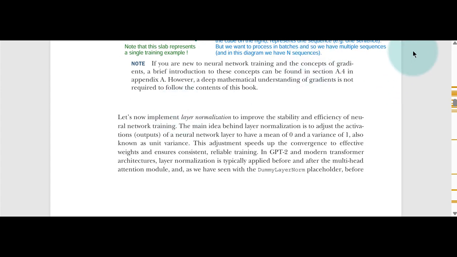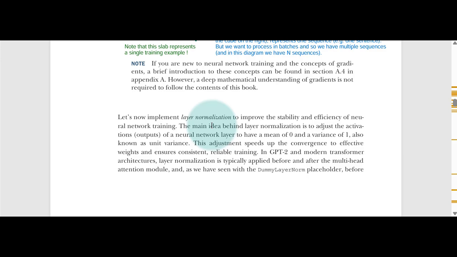let's read this. So now let's implement layer normalization. So that's what we're doing in our case. We're not doing batch normalization. To improve the stability and efficiency of neural network training. So the main reason for doing this is that it will improve our training in terms of stability of the updates and the efficiency of the neural network training.